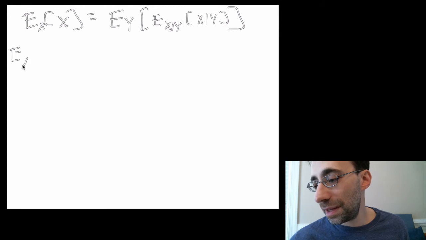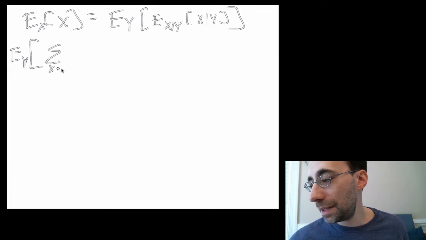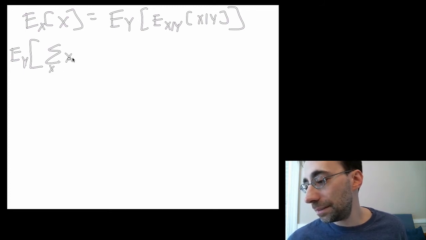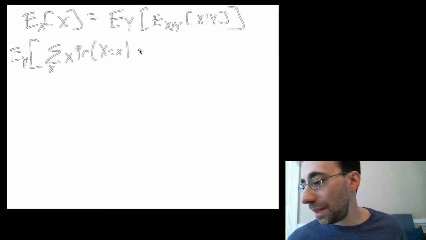This is going to equal the expectation over y of the sum on x of x, little x, times the probability that big X equals little x, given big Y equals some little y.